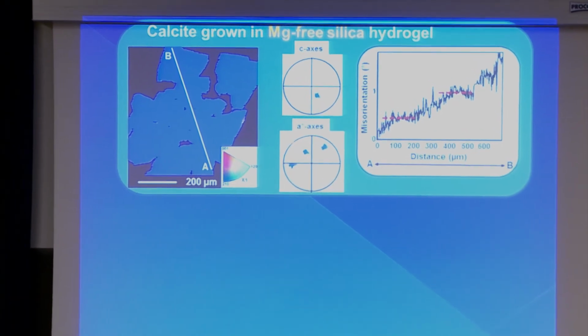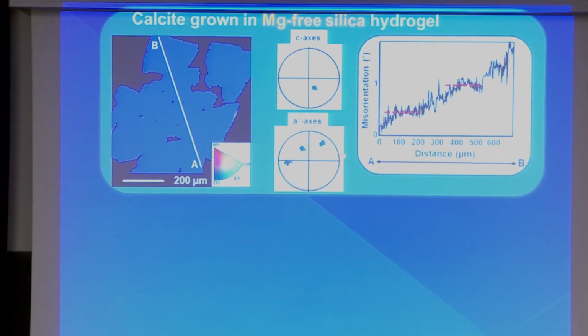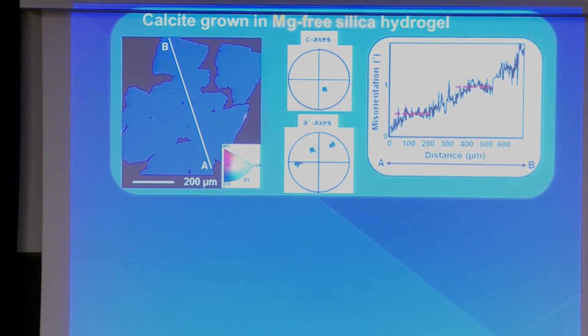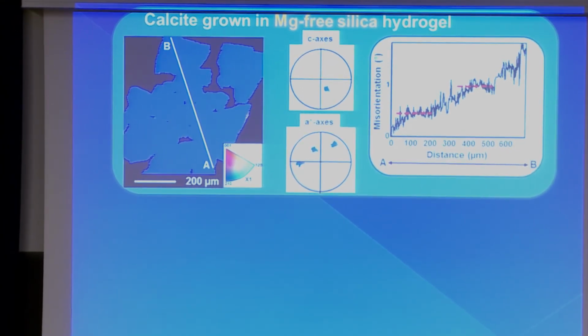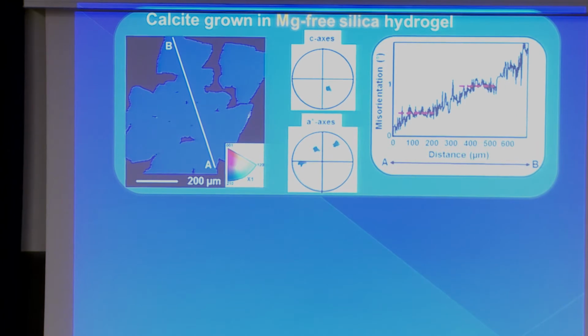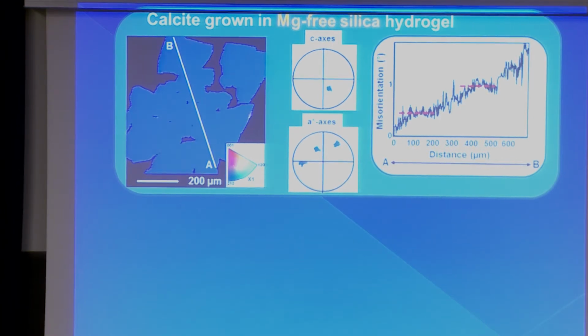You can see the gradient of this color from bright purple or a bit blue to dark blue purple, which means that this is not a single crystal, because you have different orientation tilting relative to each other. So it's not fully one crystallographic orientation. And also, if I draw this line from A to B, you can see the distance.